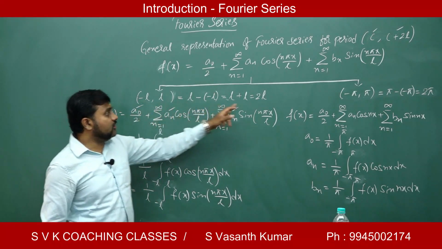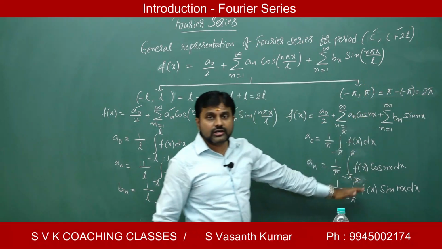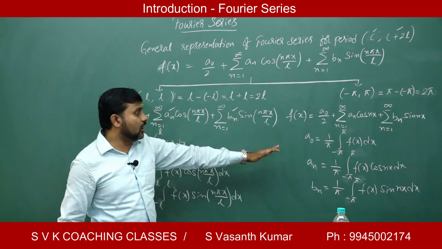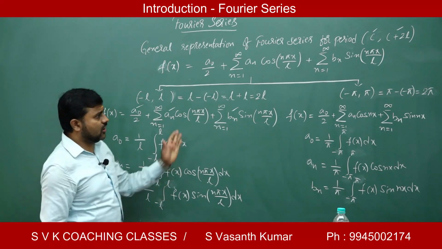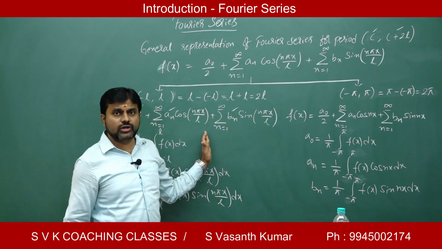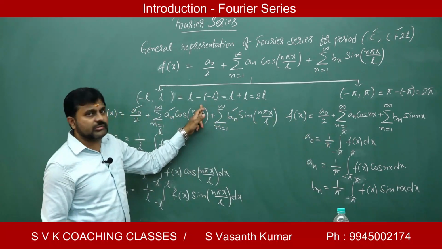So I have defined for period 2L and for period 2 pi how to write the Fourier series and the Fourier coefficients. Sir, what is the difference between period 2L and period 2 pi? Period 2L has an arbitrary constant.